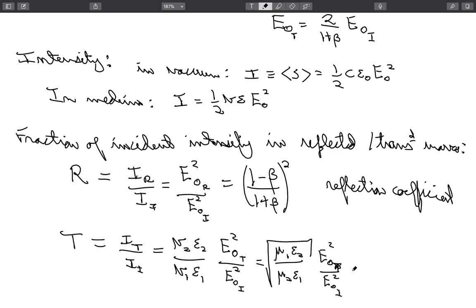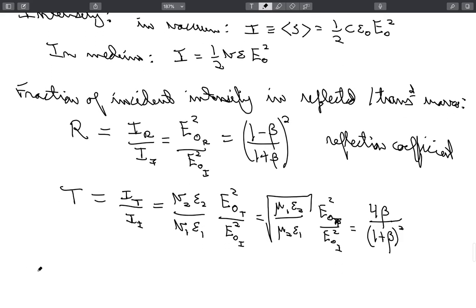We've seen it, right? This is going to be 4 beta divided by 1 plus beta squared, where I've reused the definition of the beta that we had.